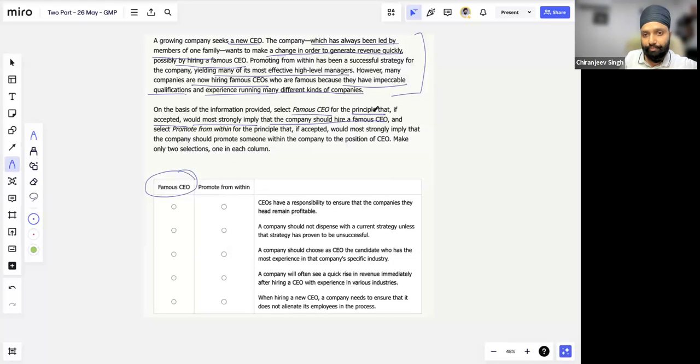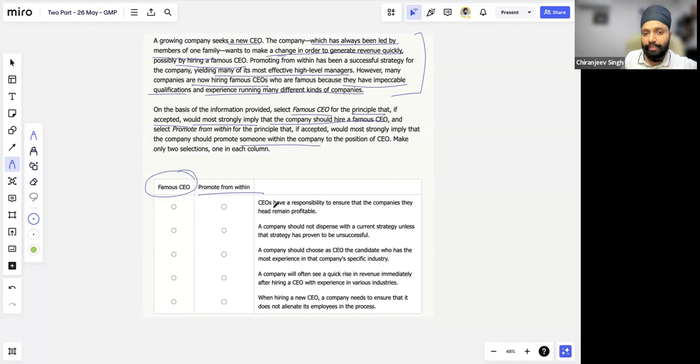And select promote from within, again a principle that would imply that the company should promote someone within the company to the position of the CEO. So we're looking for one statement that supports hiring a famous CEO, and another that supports promoting from within. Make only 2 selections, which is fine.